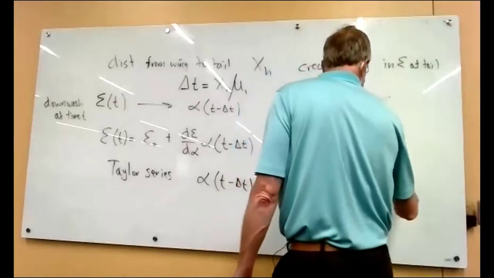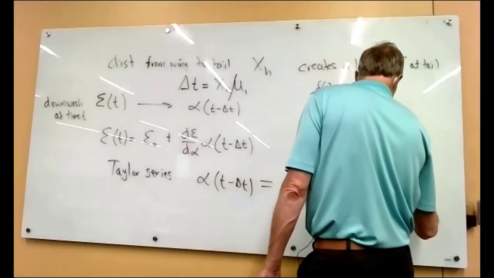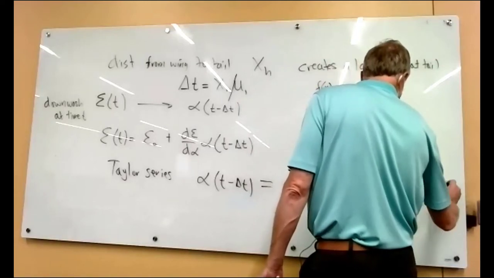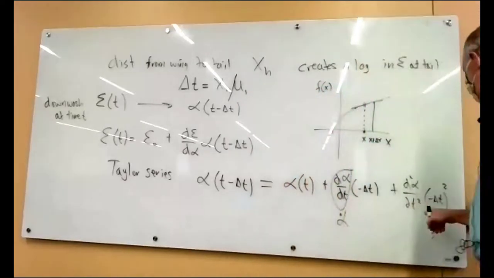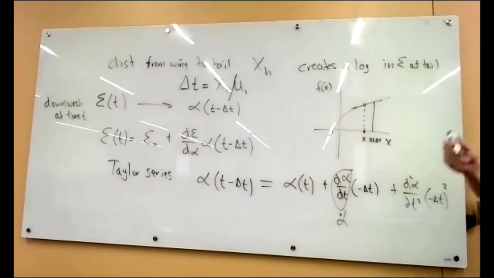Of course, there's other terms for this Taylor series. If you go back and study the Taylor series, you can include the second derivative and the squared term, which means you're doing a parabolic curve fit instead of a line curve fit. And you keep going. But we say these are small.